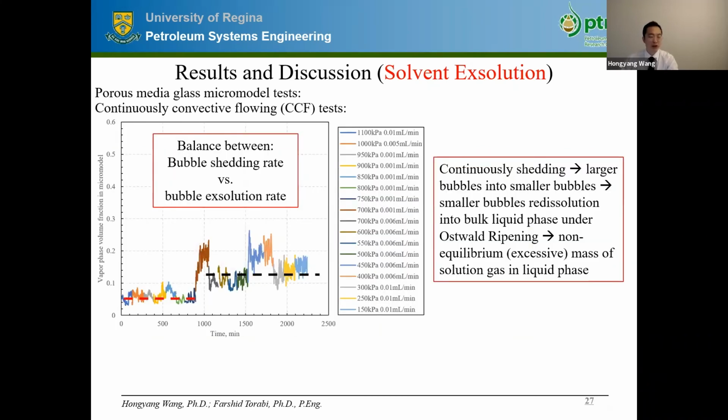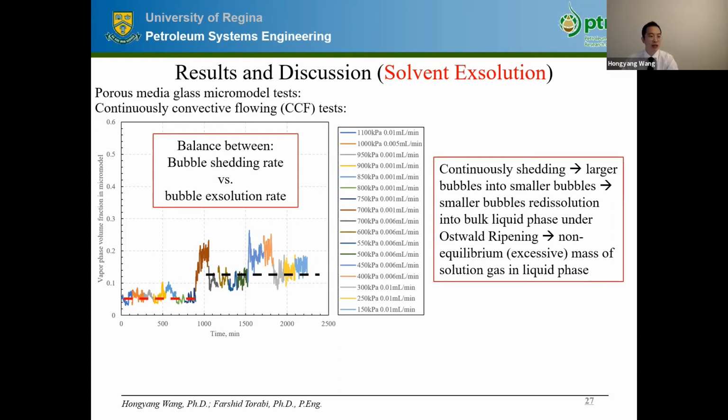This figure quantifies the vapor phase volume fraction in the micromodel. As we can see, by applying a continuous convective condition, that is a forced convection, we have a very stabilized vapor phase volume fraction.